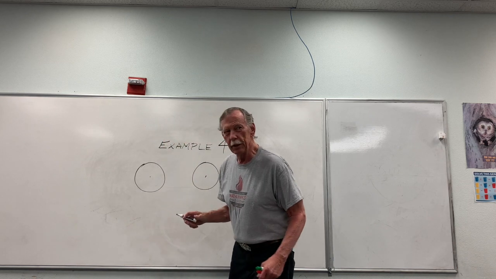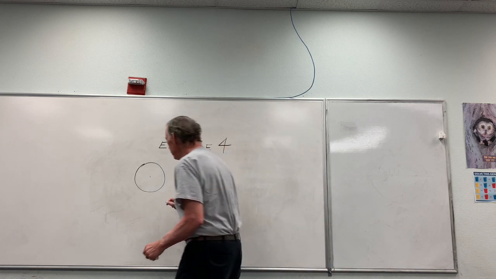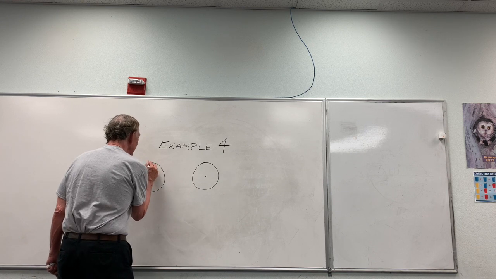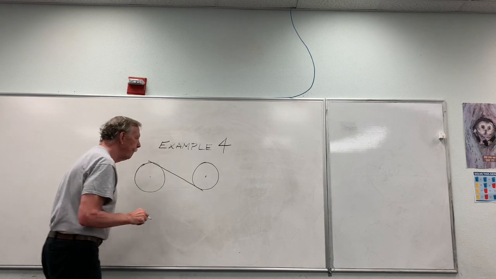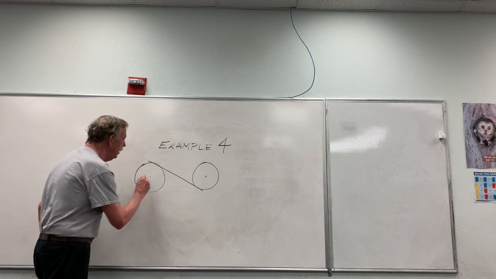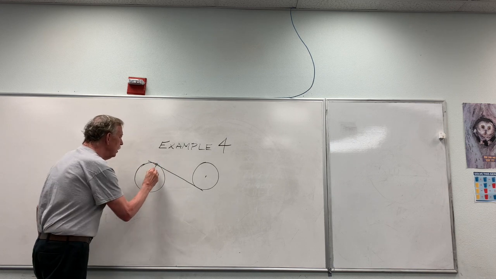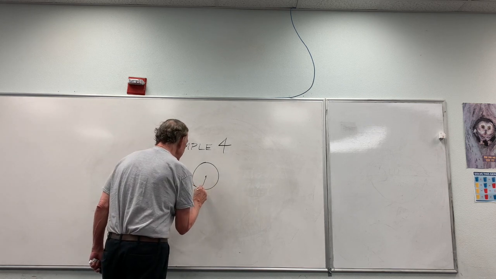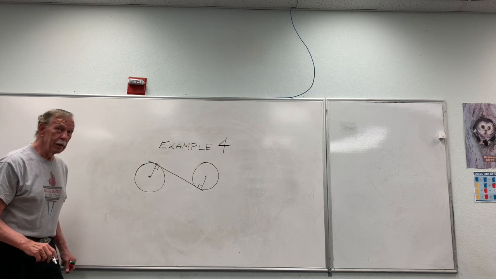If these are equal circles, let's see if we can figure out what happens with the length of this external tangent. Well, again, if we draw a radius perpendicular to the tangent there, and there, we're off to a flying start here.